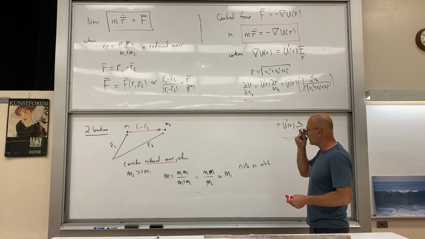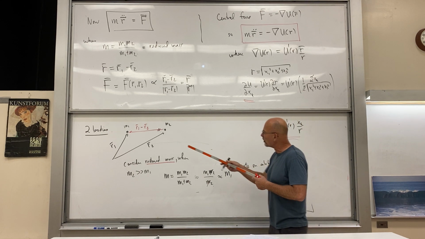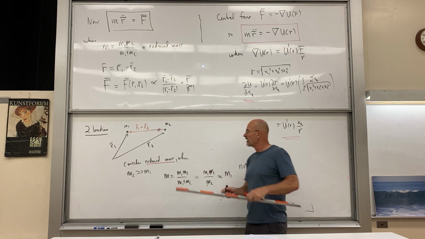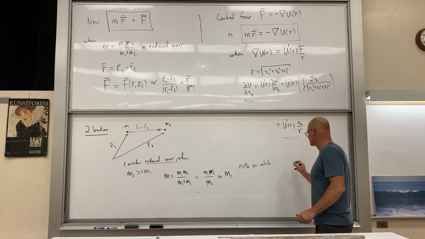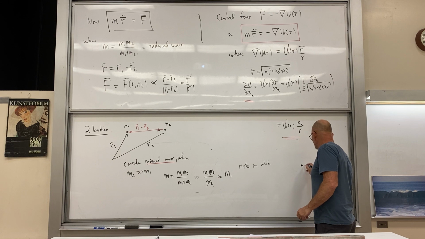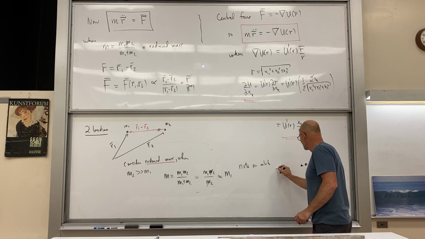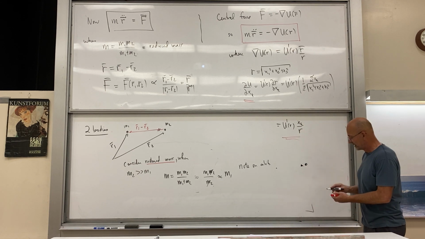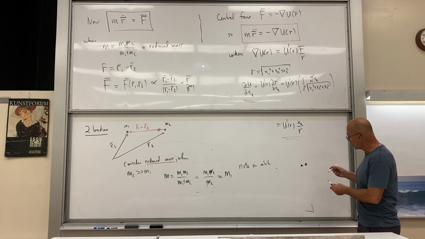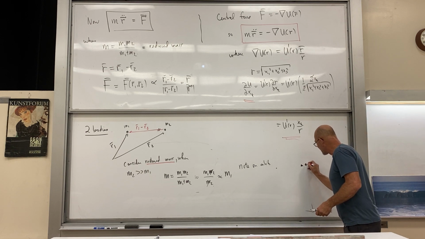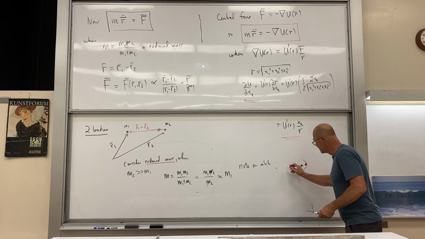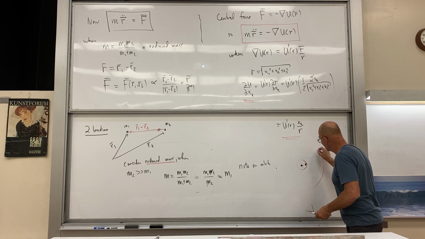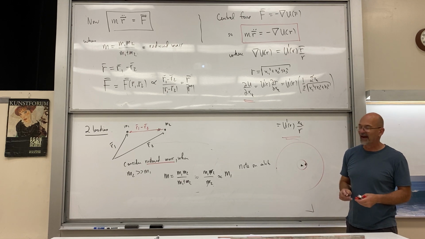Remember R2 and R1 are expressed in terms of R. I'll put the center of mass there, there's the big mass, there's the little mass, and in a Kepler or circular orbit, they would both be orbiting their common center of mass.